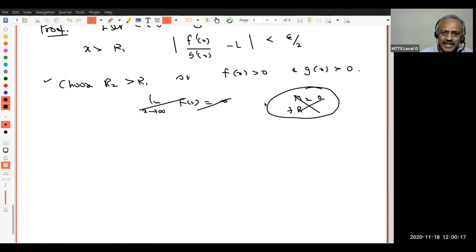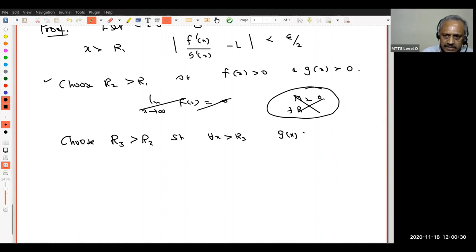So what I want to do, I choose R3 now, which is greater than R2, so that for all x greater than R3, g(x) is greater than g(R2) and f(x) is greater than f(R2). Again, how do I do that?